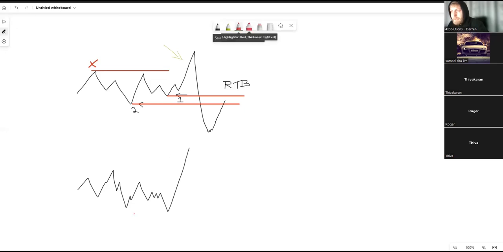Depending on the time frame, it's going to be at this level or this level, number 1 or number 2. Same thing, just reversed.